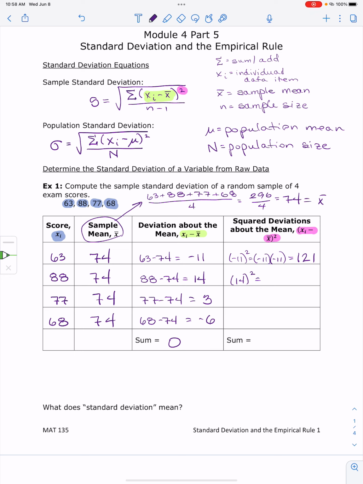So this takes care of those positives and negatives canceling out. 3 squared is 9. Negative 6 squared is 36. When I add all those together, I get 362.